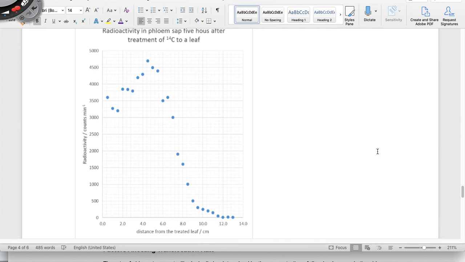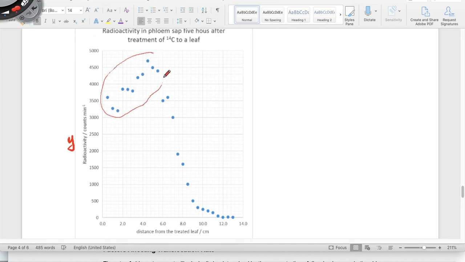So on the y-axis, you have the radioactivity in counts per minute, and on the x-axis, you have the distance from the treated leaf. So notice that right away, you see a lot of radioactivity here, very close to the treated leaf that was treated with the carbon-14, right?